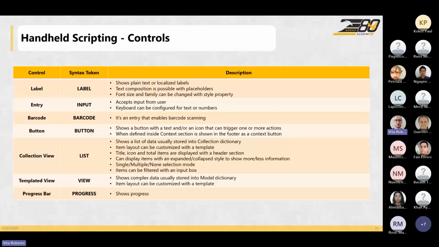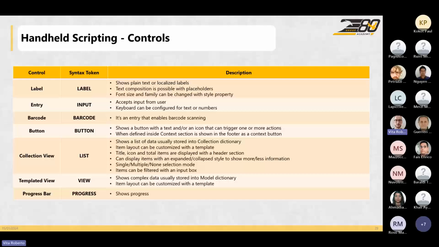Talking about controls, so this is the list that contains all the controls that we defined. Of course, these are the ones that we needed last year while we were preparing the 10 flows that I said. So we have a label to show plain text or probably localized labels. In this case, text composition is possible with placeholders.